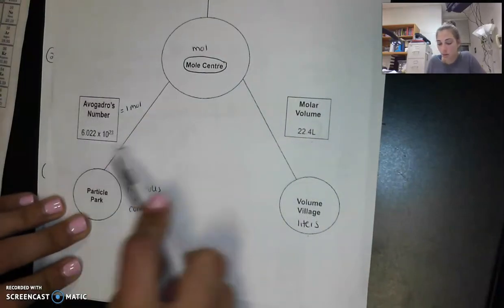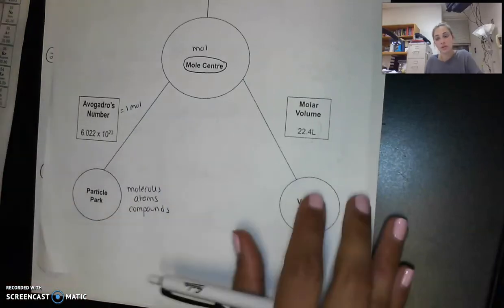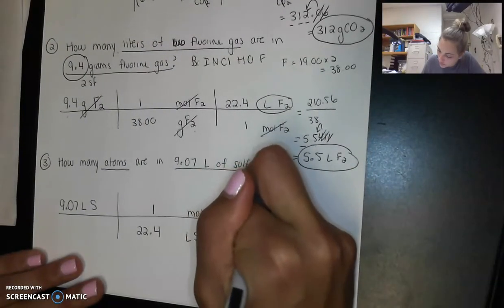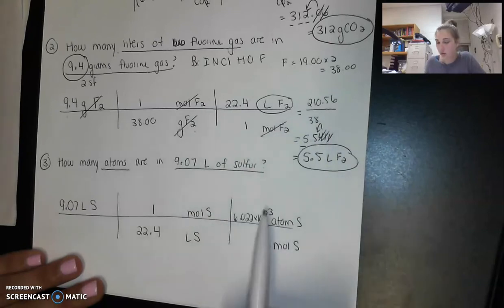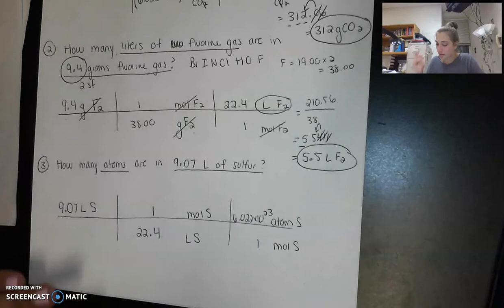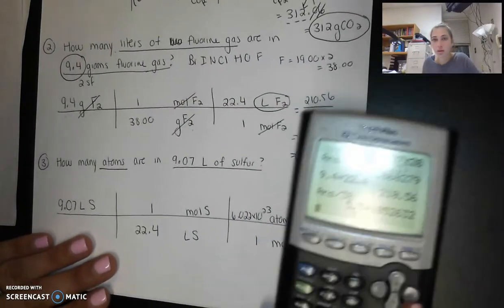Well, 1 mole is equal to 6.022 times 10 to the 23rd atoms, or molecules, or particles, or whatever it is. In this case, it's atoms. So 6.022 times 10 to the 23rd goes for atoms. Remember, everything on the top and the bottom should be equal to one another.